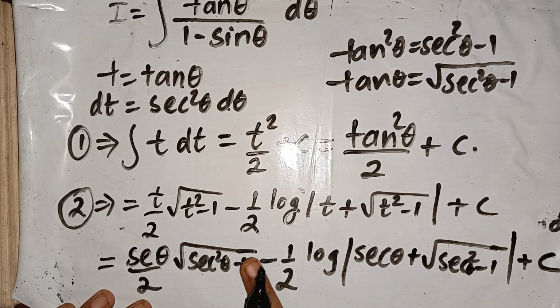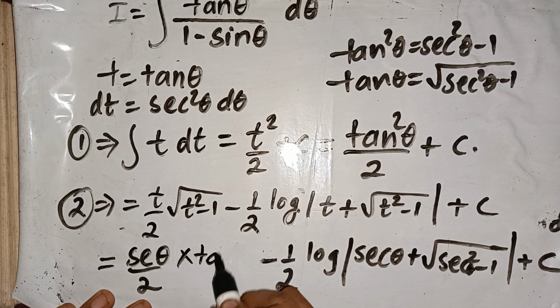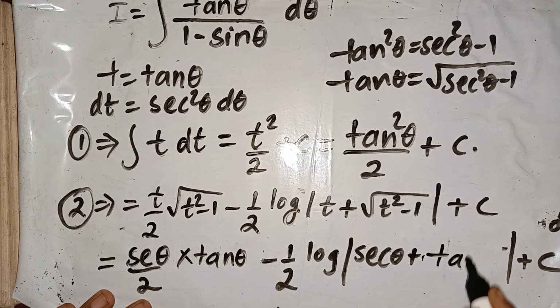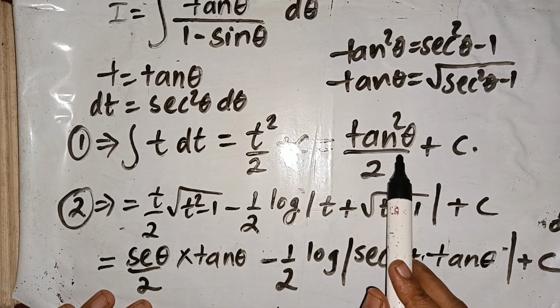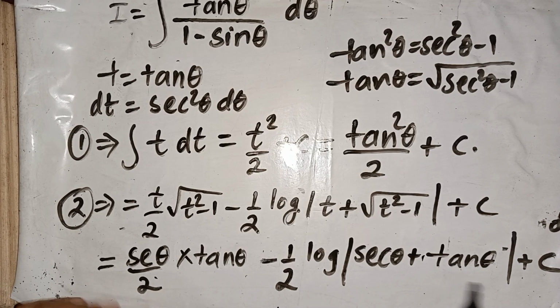So sec square theta minus 1 you can write as tan square theta, so this becomes tan theta. Again here also. Okay, so this was our first integral, this is the second, so tan square theta by 2 plus this. After that you have to write this term and plus c.